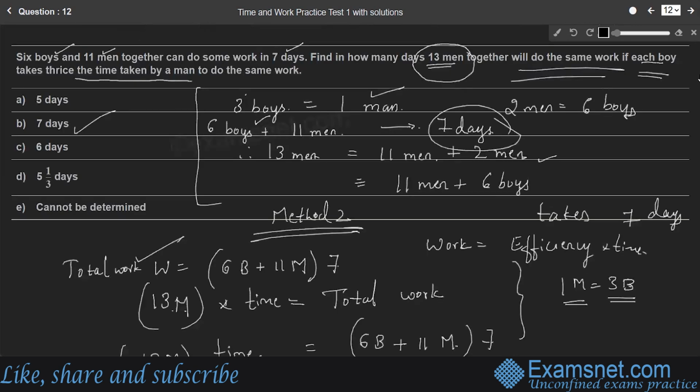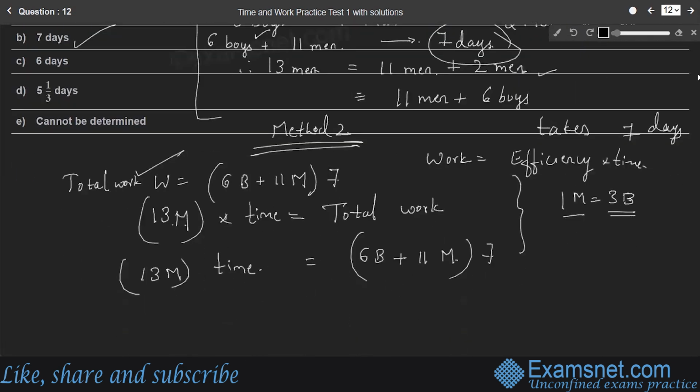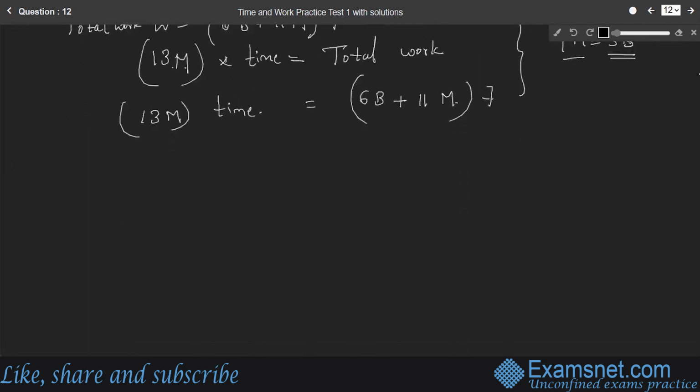So we'll go for that method only. It will be easy for us for calculation. Yes. 13 men into time taken by them is equal to 2 men, instead of 6 boys we are writing 2 men, plus 11 men into 7.